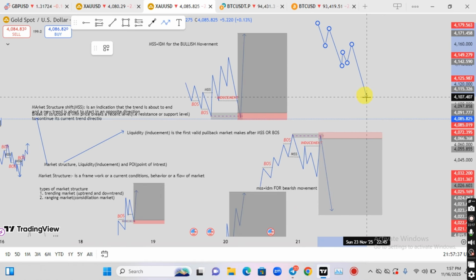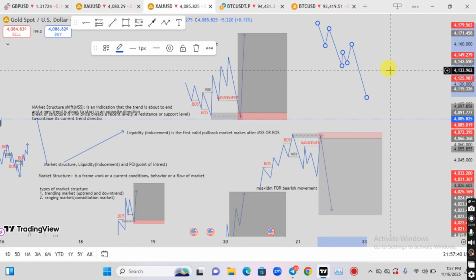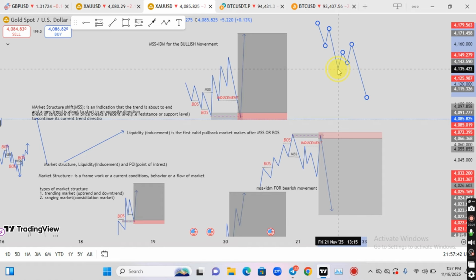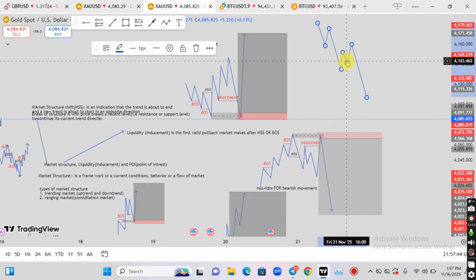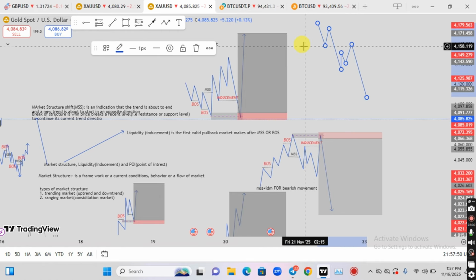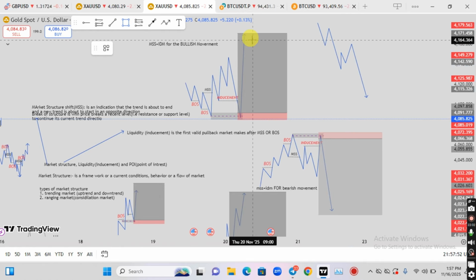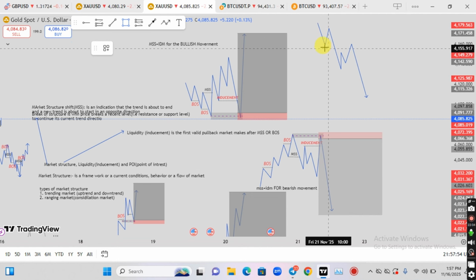Then it moves down. The point of interest that I pick out is the recent zone closer to my inducement, my IDM. This is the only zone that I notice is closer to my inducement.